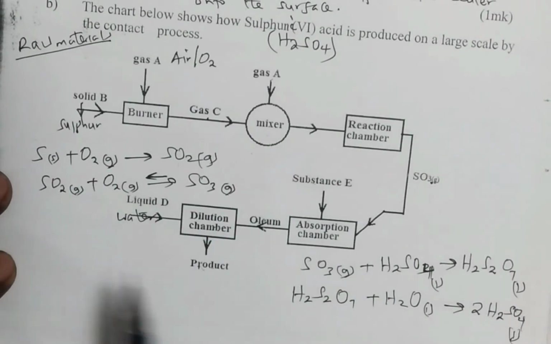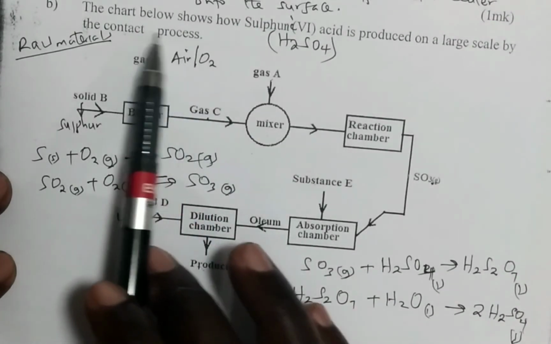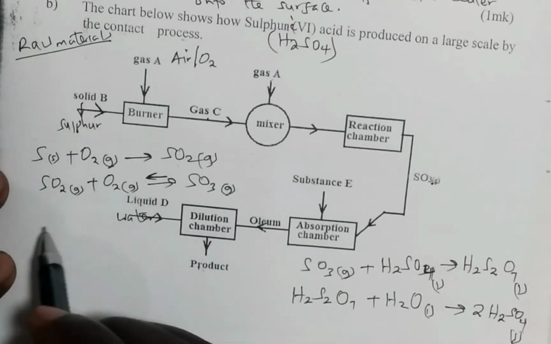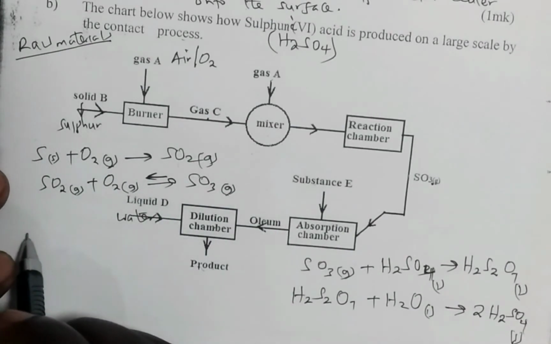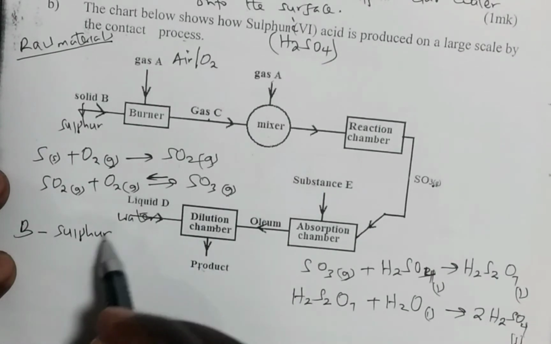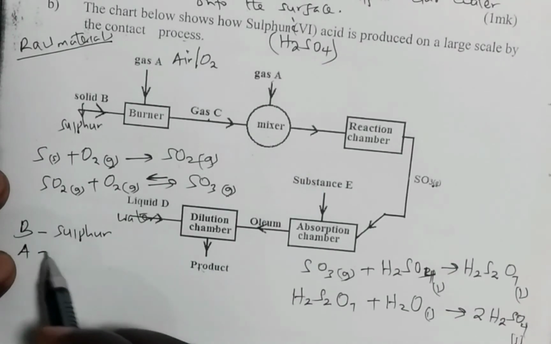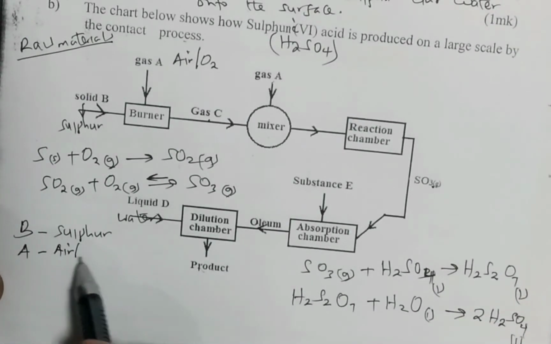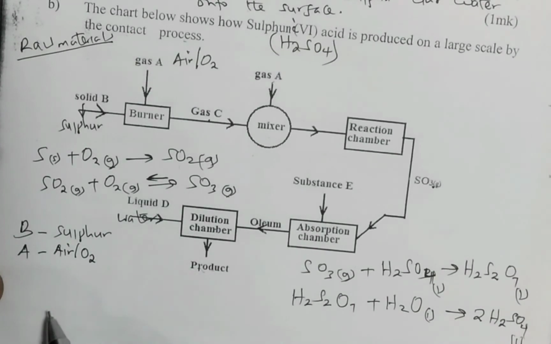So in case you are asked some of the questions that we can see here, you can be told to name, for example, solid B. Solid B is sulfur. We have gas A. Gas A is air. We also accept oxygen.